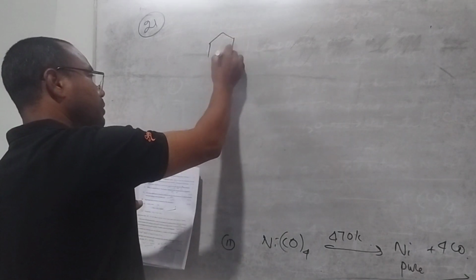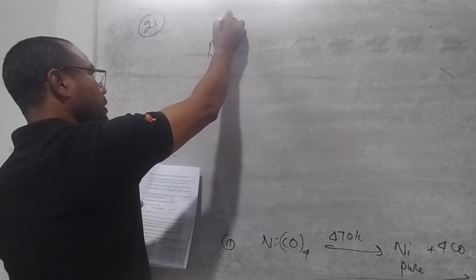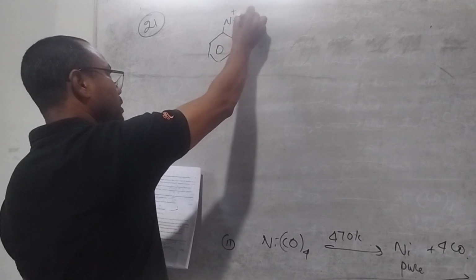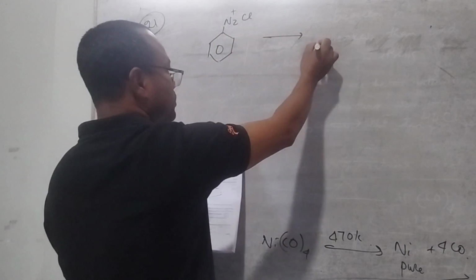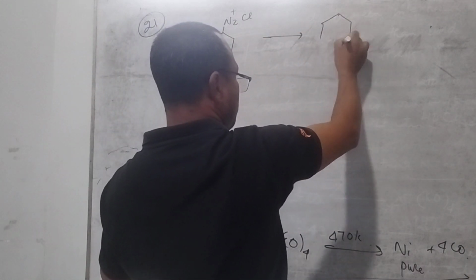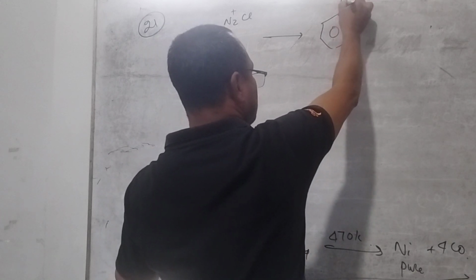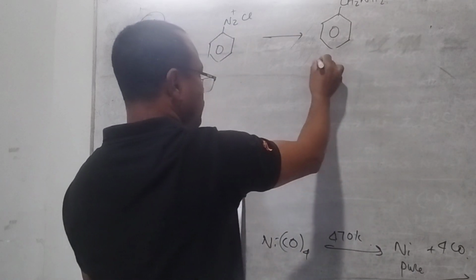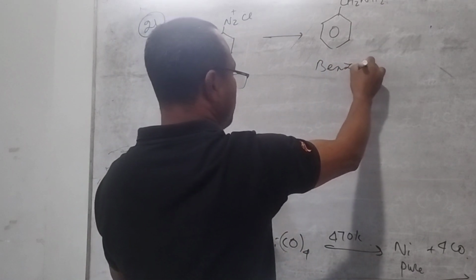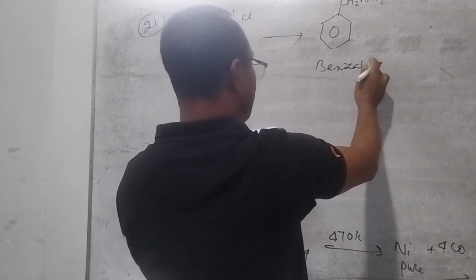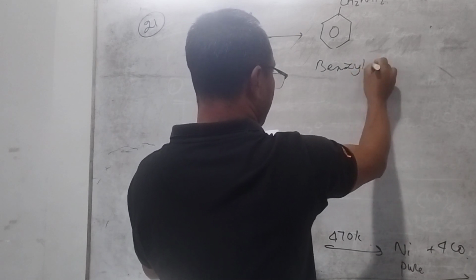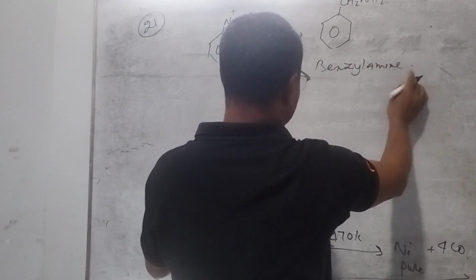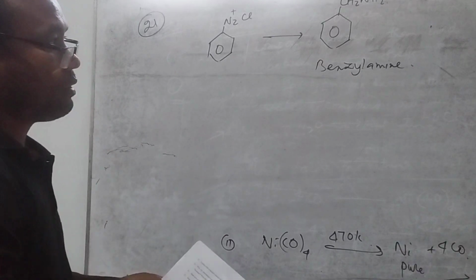This is benzene diazonium chloride converted into benzyl amine, C6H5CH2NH2. This is what we call benzyl amine. And this is the benzene diazonium chloride.